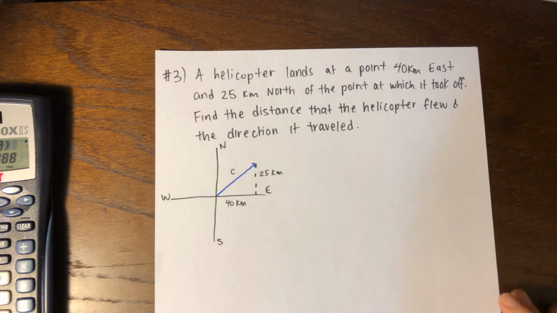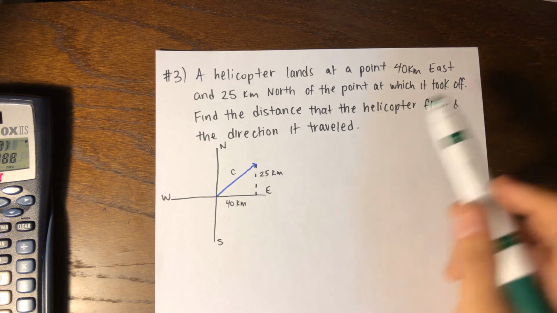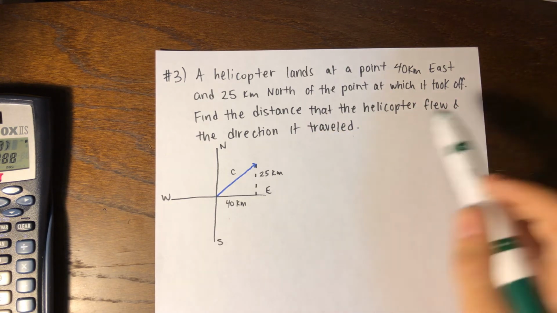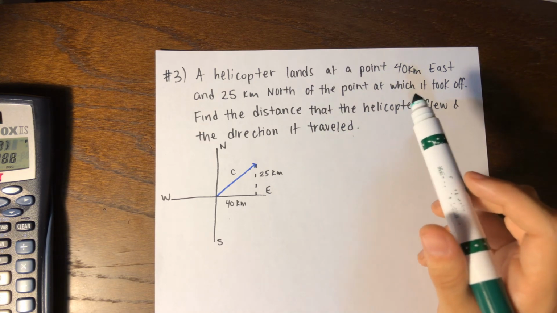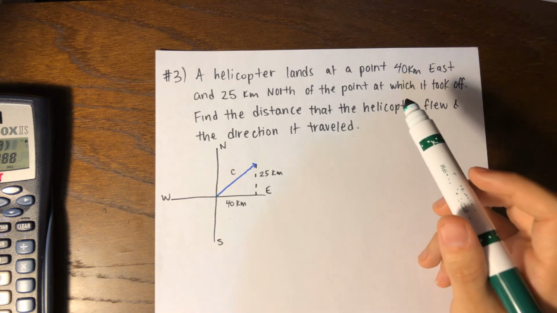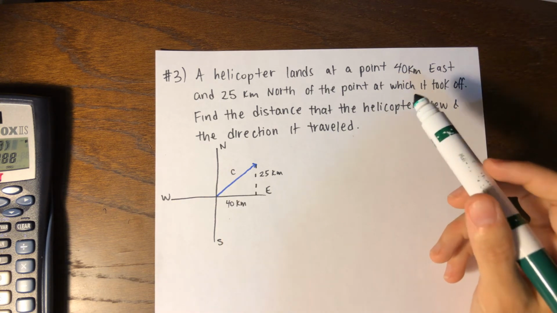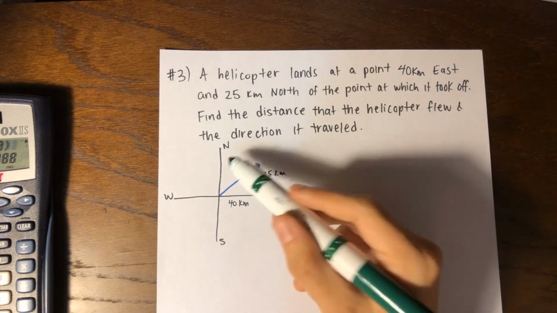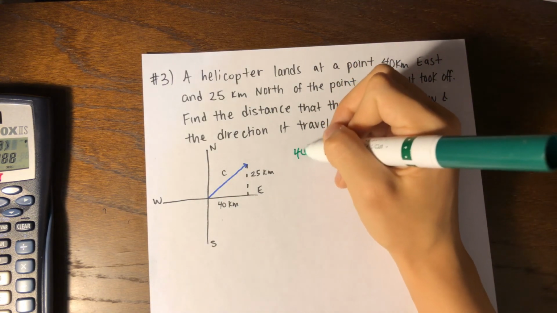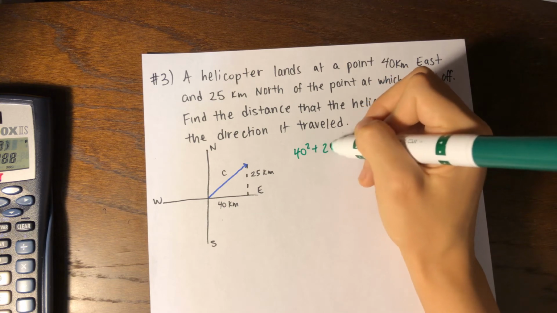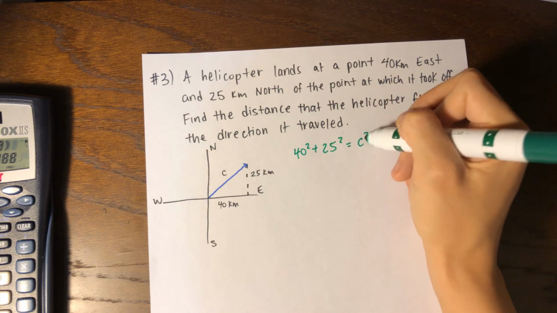Okay, last one. A helicopter lands at a point 40 kilometers east and 25 kilometers north of the point at which it took off. Find the distance that the helicopter flew and the direction it traveled. So the first thing we are going to do, we're missing c, so this is what we need to solve for first. So we almost have a squared plus b squared equals c squared, and that's what we're going to do. So we have 40 squared plus 25 squared equals c squared.